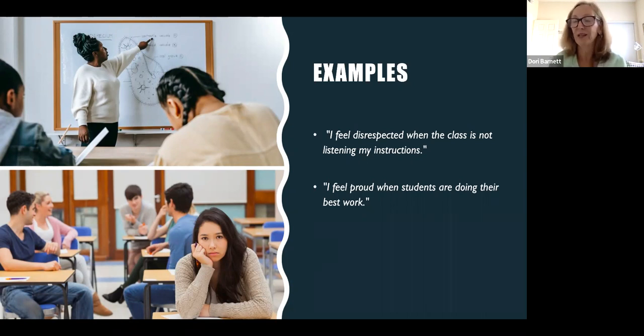So rather than putting the students down or saying, "Be quiet, listen," we want to share how we're feeling. So I might stop and say, "I worked really hard to prepare this lesson, and I feel frustrated, or I feel disrespected, when the class is not listening or following my instructions."